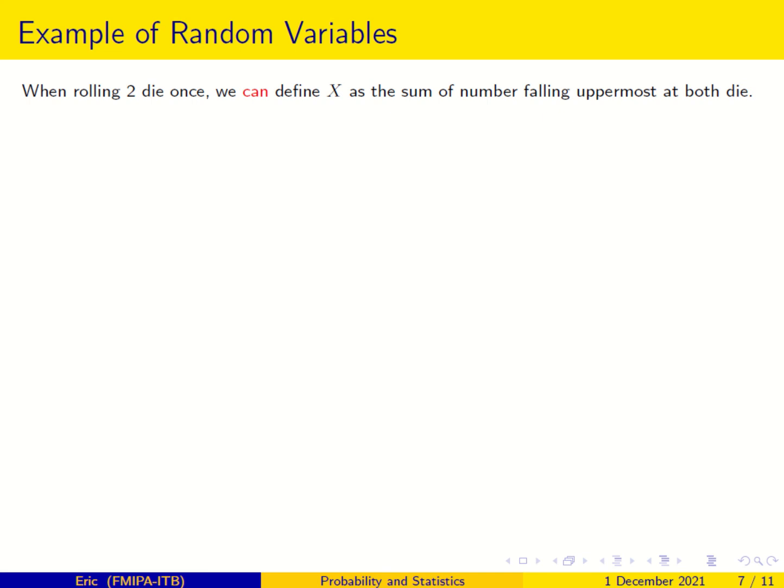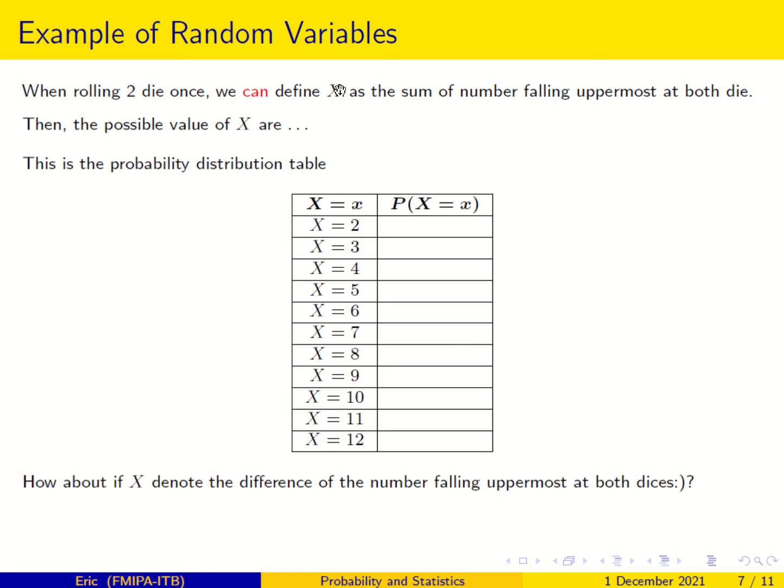We can define x as the sum of the numbers falling uppermost on both dice. What are the possible values of x, and what is the probability distribution table? Don't forget, we can also define x as the difference of the numbers falling uppermost on both dice. What does that mean?